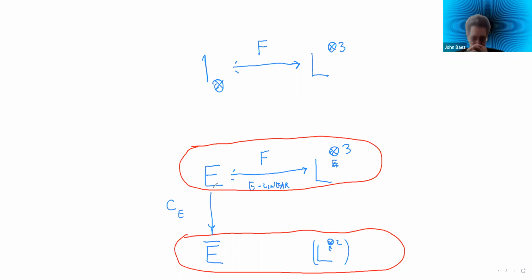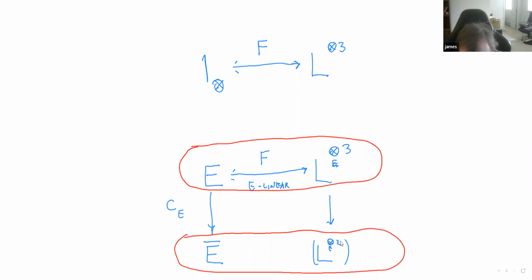Uh-huh. And this thing over here is going to be what? It's going to be, let's see. See, okay, maybe you're right. Maybe this should have been.